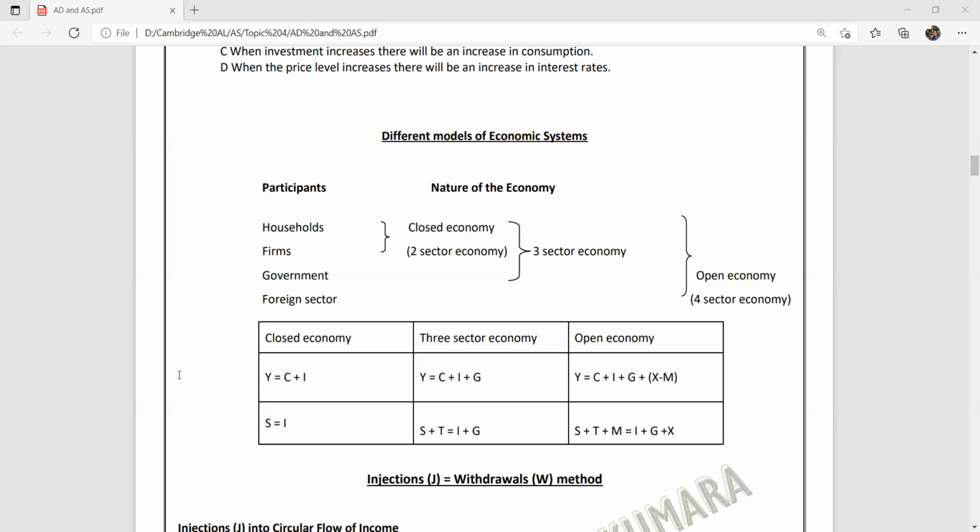What does the first row after this represent? A way of analyzing national output; in simple terms, the way of calculating a country's GDP.